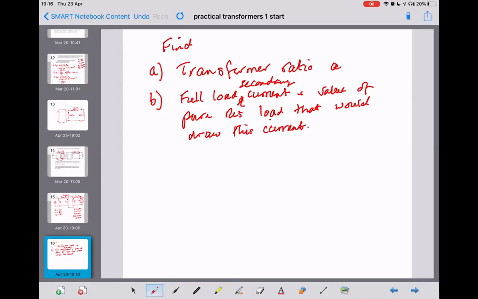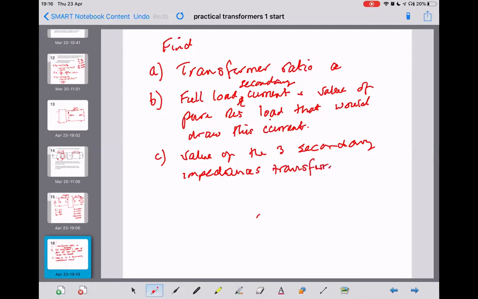Just need to zoom in on this sheet I've got because I can hardly read it. Right. C, value of the 3 secondary impedances transferred to primary.